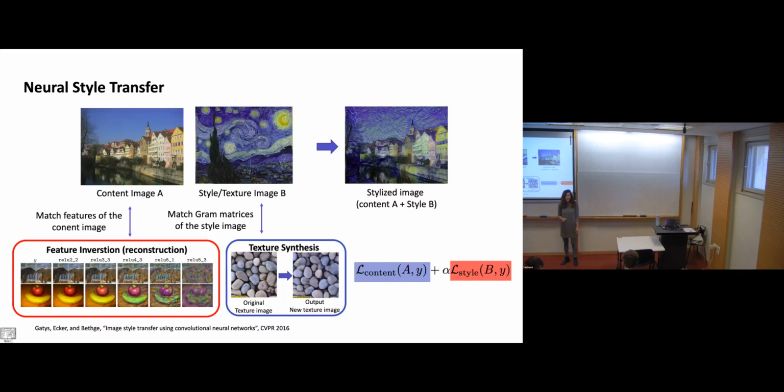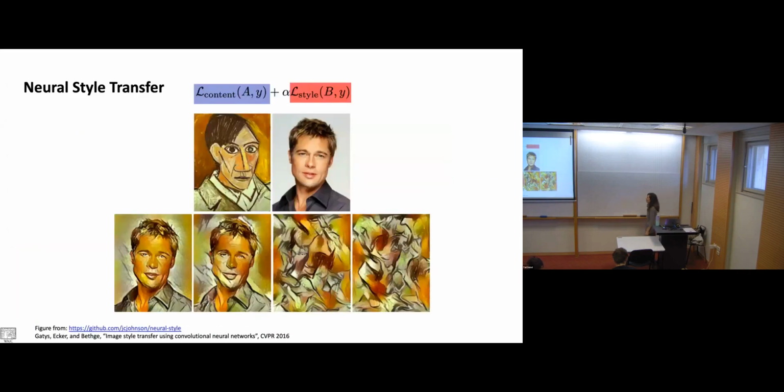And the way we're going to define this content loss is just extracting some features from some intermediate layer where color information is already discarded, and just matching them using L2, just a feature reconstruction loss. Okay? That's it. And we have this alpha parameter between these two losses, and the different results that you would get depend on how much you weight the style term with respect to the term that represents content.